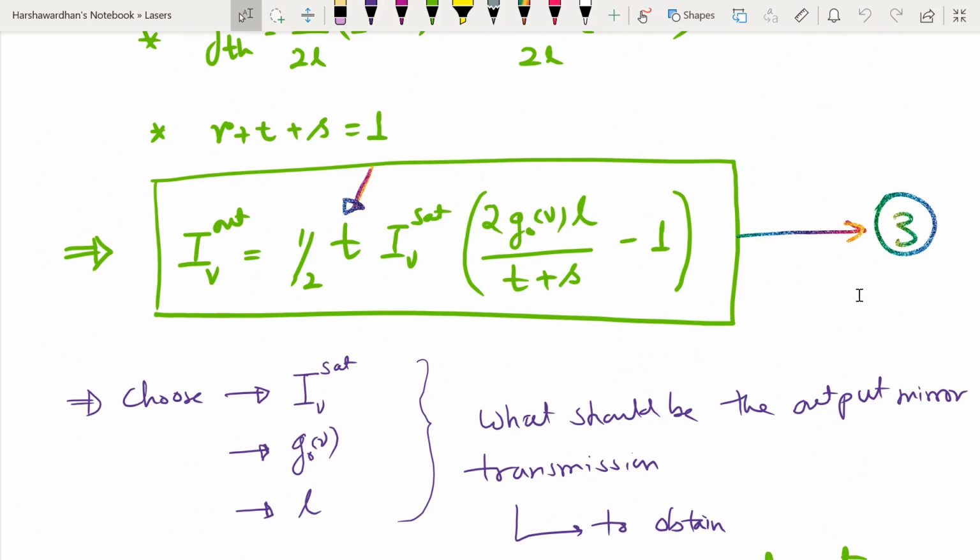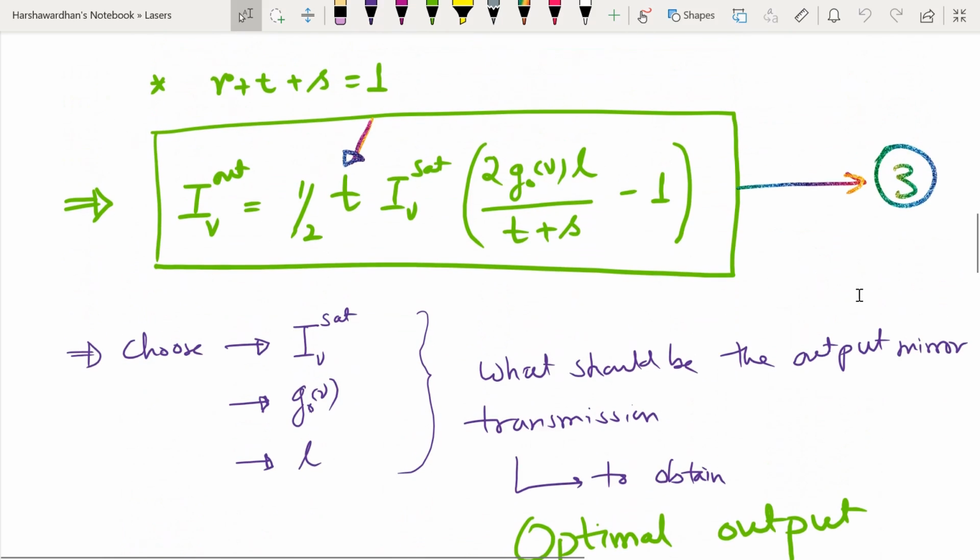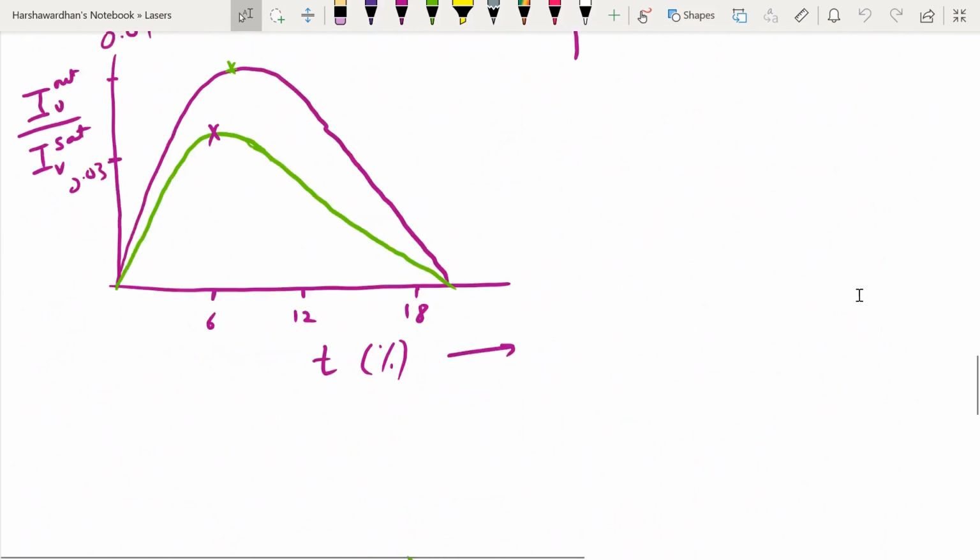Essentially, what one is measuring experimentally is equation number 3. One has fixed the gain medium and intends to vary the transmission coefficient of the mirror, which practically cannot be done. So what is the underlying technique one uses to get to the optimal transmission coefficient? Again, what we are capturing is equation 3 experimentally.